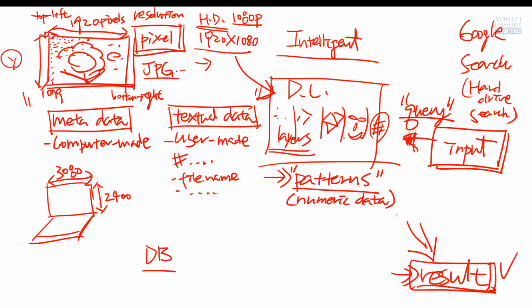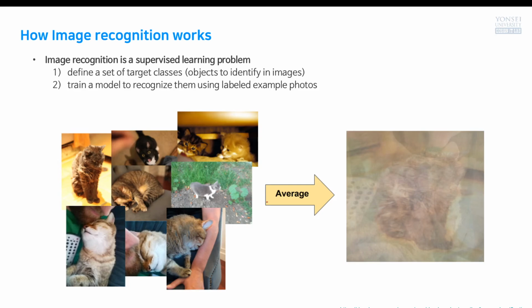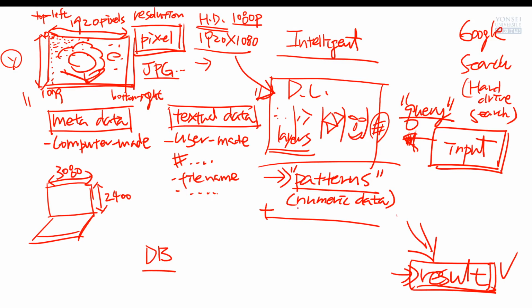Anyhow, computers figured out what the pattern is for cat pictures, for dog pictures, for my daddy's portrait, for my mommy's face. And then at least here we put some textual data, textual input, some more info.